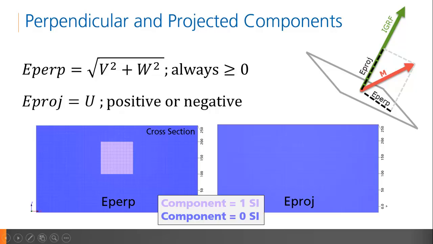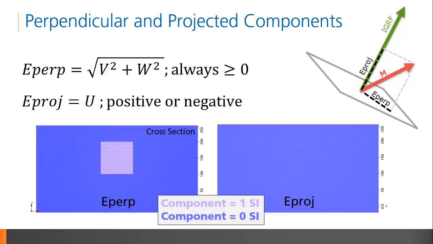E_perp is the component of the vector that lies within the plane perpendicular to the Earth's magnetic field. Thus, it is given by the sum of the squares of the two perpendicular axis components, V and W. E_proj is the component of the vector that is parallel to the Earth's magnetic field, and since U is aligned in this direction, it directly gives the E_proj quantity.